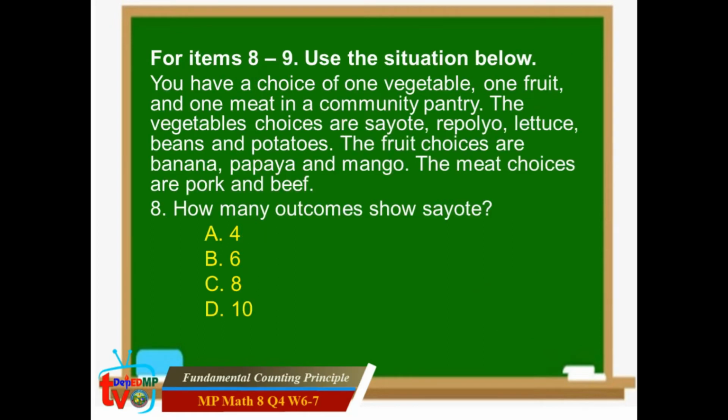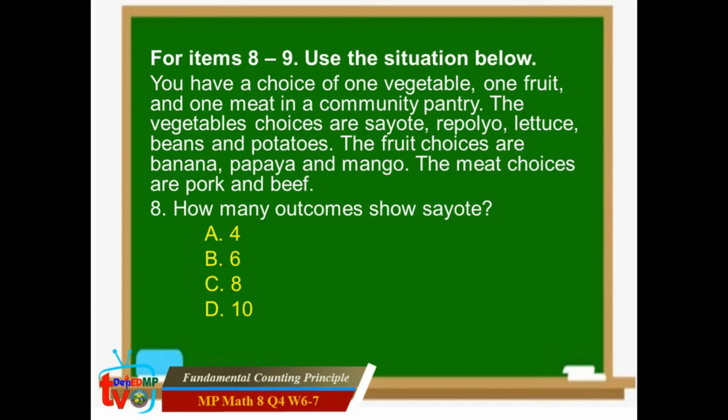8. For items 8 to 9, use the situation below. You have a choice of 1 vegetable, 1 fruit, and 1 meat in a community pantry. The vegetable choices are sayote, repolyo, lettuce, beans, and potatoes. The fruit choices are banana, papaya, and mango. The meat choices are pork and beef. Question number 8.